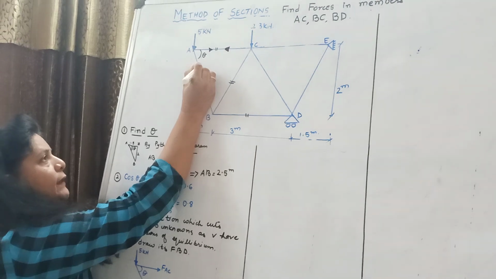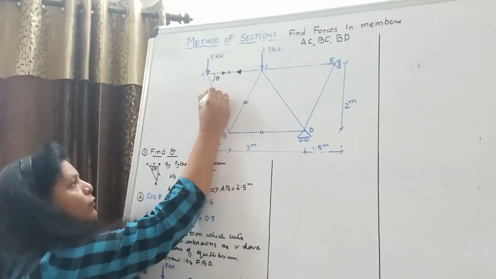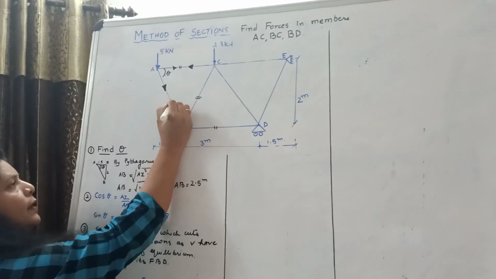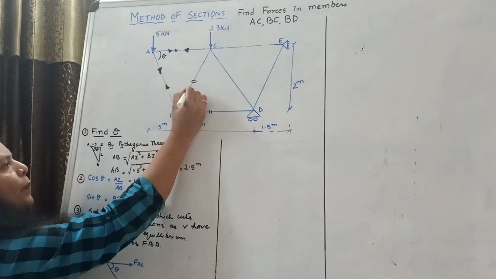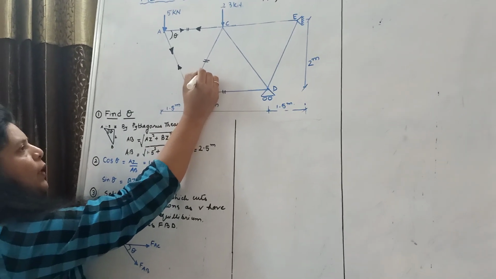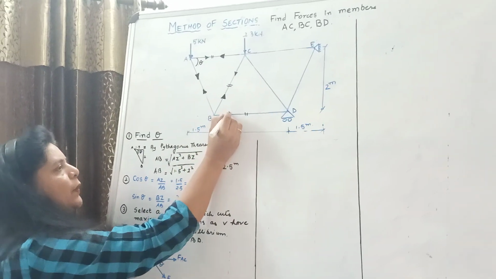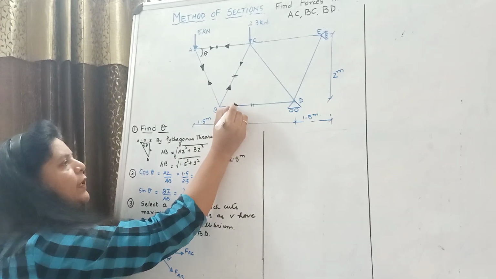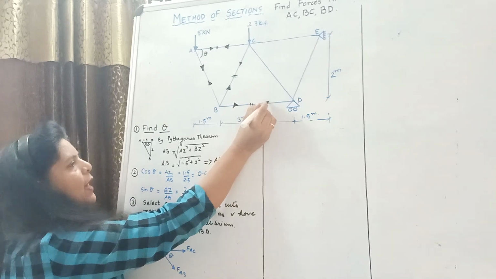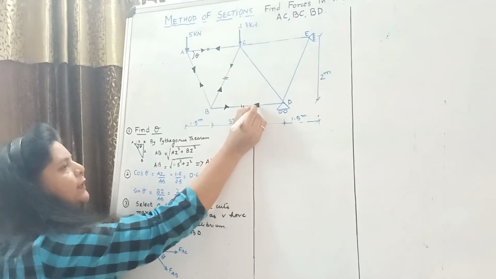You can see that the arrows that we are putting over here are all in the compression direction. They are coming inside, or they are trying to push. So these are the forces in the members.